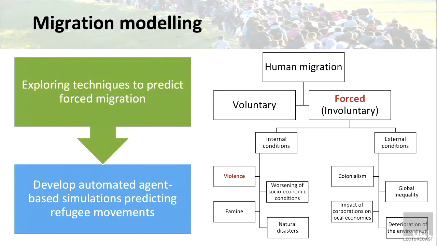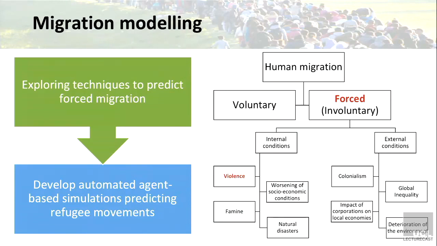One of them within the internal is the violence, which has the biggest impact that forces people to go to other countries and seek safer places. There are other conditions such as worsening of socioeconomic conditions, famine, natural disasters, whereas external conditions involve colonization, global inequality, incorporation of local economics, and the deterioration of the environment.